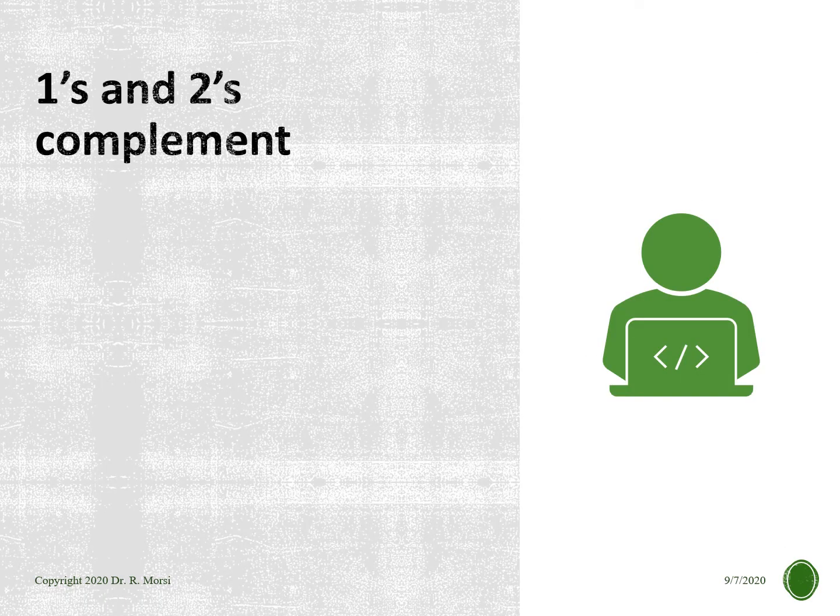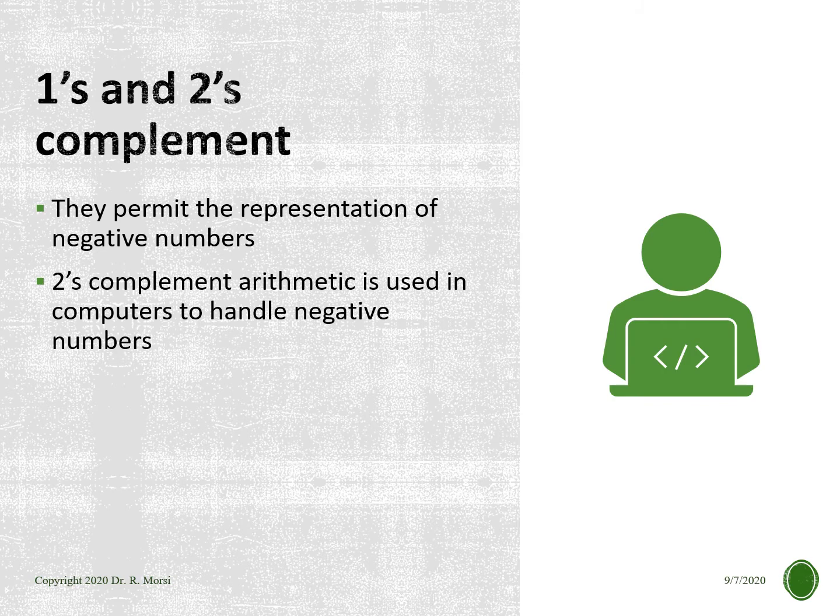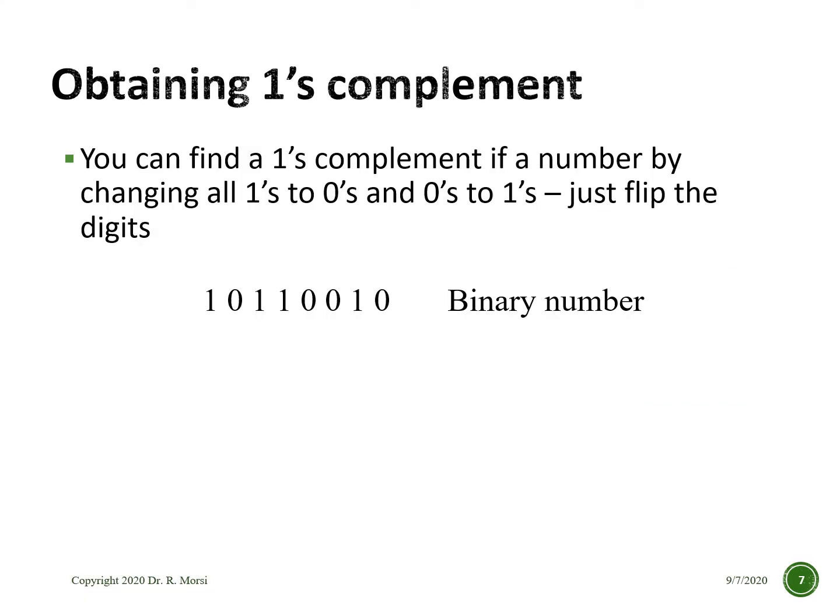So we're going to look at 1's and 2's complement. They permit the representation of negative numbers, and 2's complement arithmetic is actually used in computers to handle negative numbers. First, we're going to look at obtaining the 1's complement, which is the easiest form of getting a negation, or negative numbers.